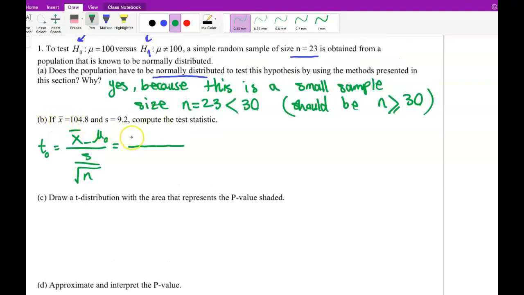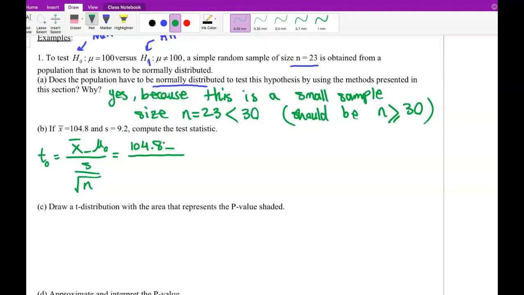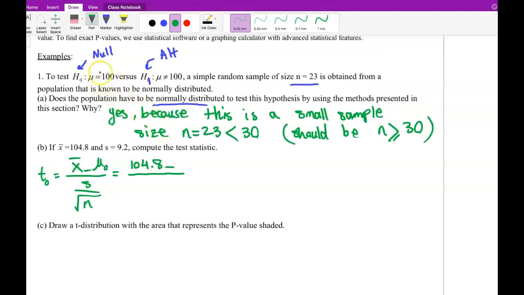Okay, the sample mean is 104.8 minus the mean, which is 100. See here, I didn't use the 0. That's why I prefer not having the 0 here, because I want to have exactly the same thing, but that's fine.